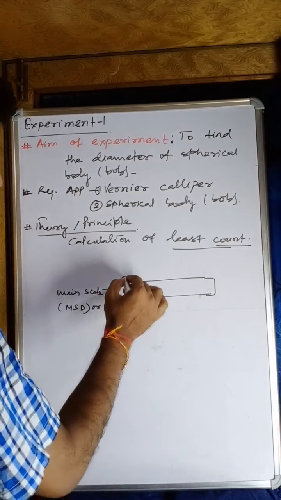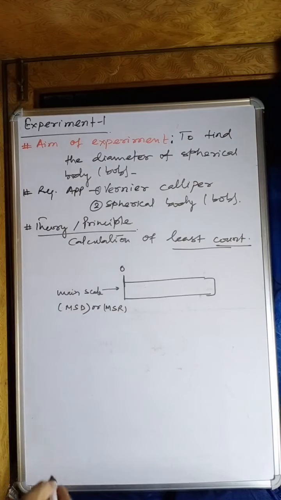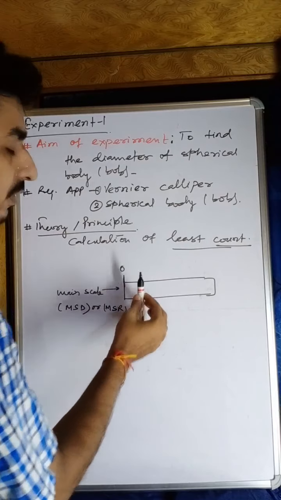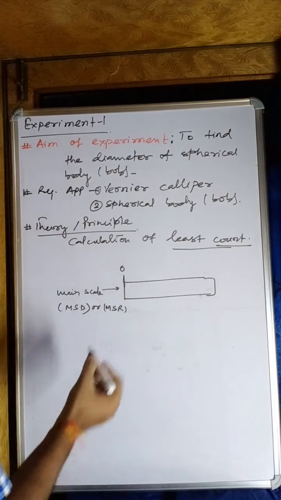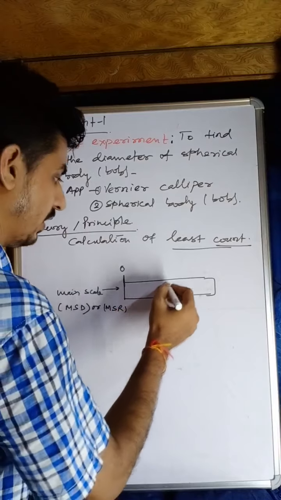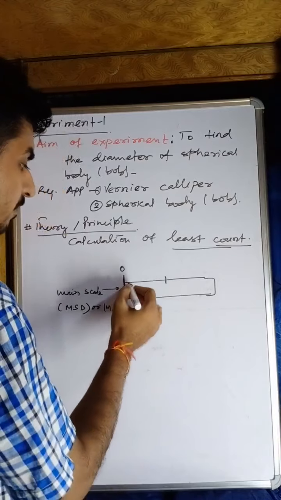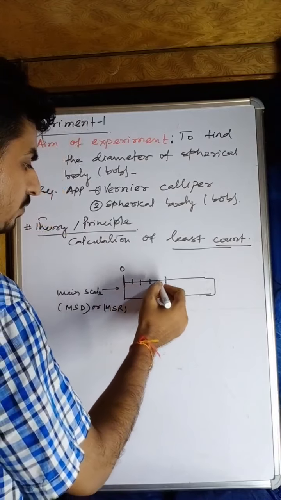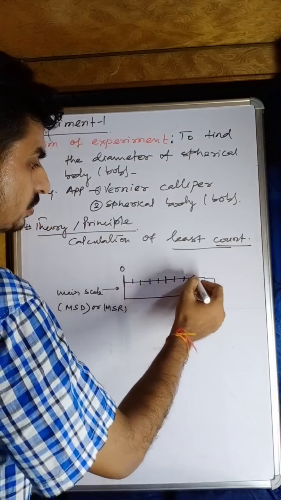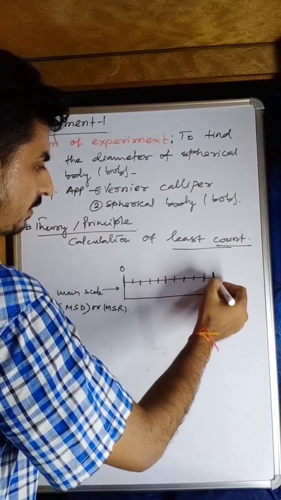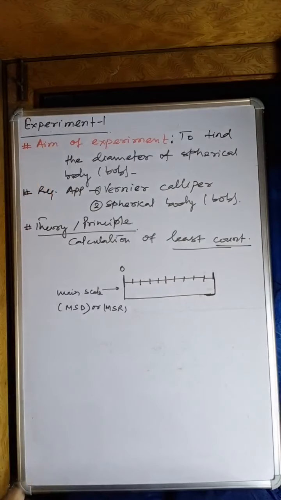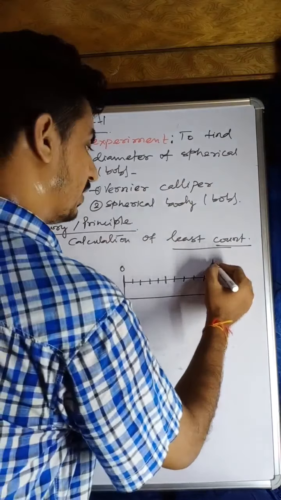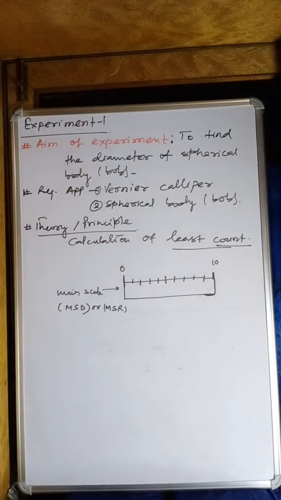The first count of this scale is known as the zero count. After the zero, it will move and you will get some value. Here is the fifth count, the middle one: 1, 2, 3, 4, 5, and then 1, 2, 3, 4, 5. We have 10 divisions on this main scale.